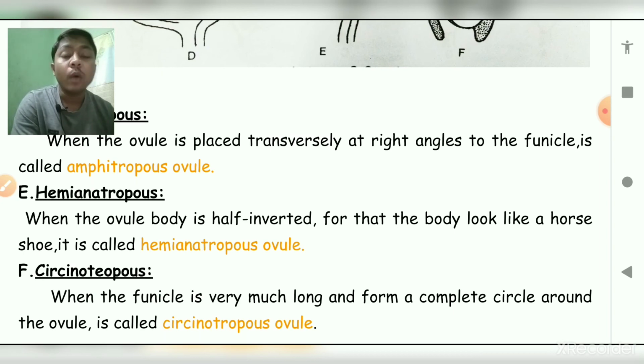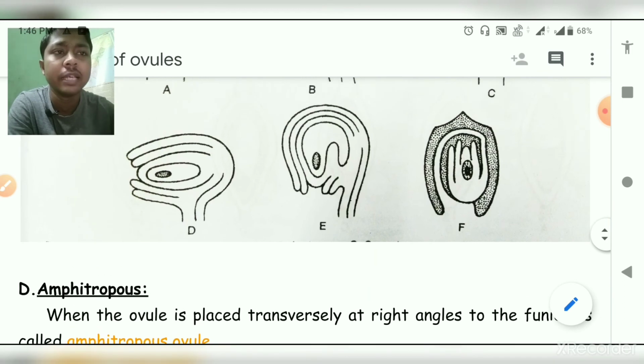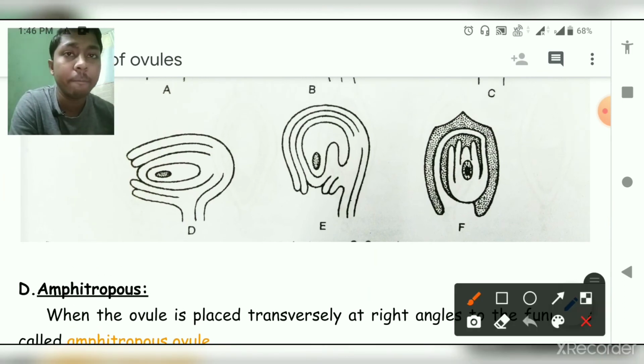Okay, now we talk about the last type of ovule. This is called sarcinotropous. From the name sarcinotropous, one thing you should always remember is that sarcino means a circle-like structure. Okay, what does the structure look like, somewhat circular. So this type of ovule is called sarcinotropous ovule. I hope this picture makes clear how it looks, how the structure forms a circle around the ovule.